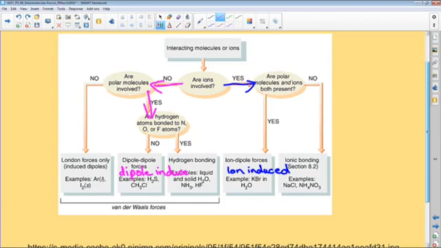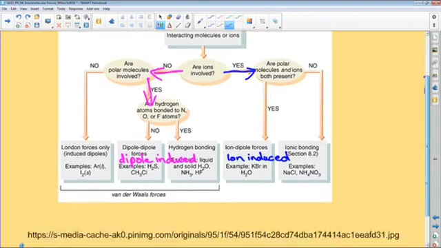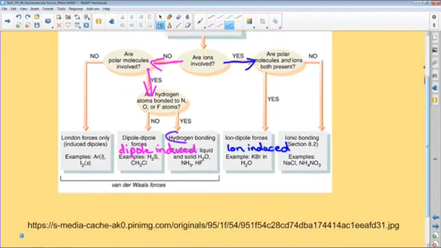Okay. The other example is hydrogen bonding, which we haven't spoken about yet, and we will talk about now, but that is our other possibility if there are polar molecules. If your answer is no, there aren't any polar molecules, then the only possible option could be London forces.